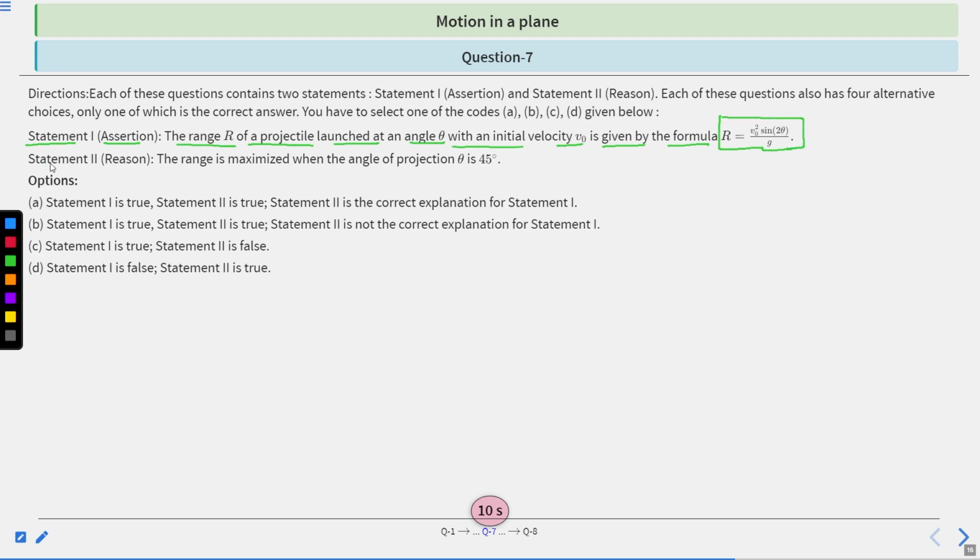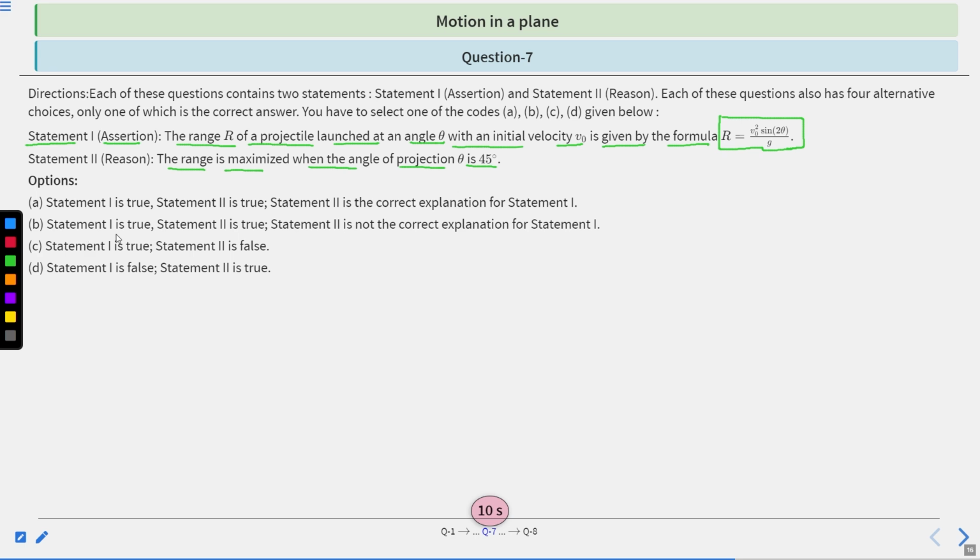Statement 2, reason: the range is maximized when the angle of projection theta is 45 degrees. The options: A, statement 1 is true, statement 2 is true, and statement 2 is the correct explanation for statement 1.